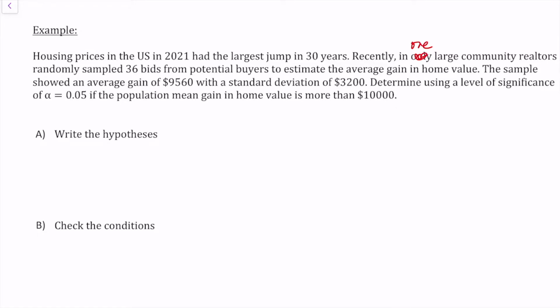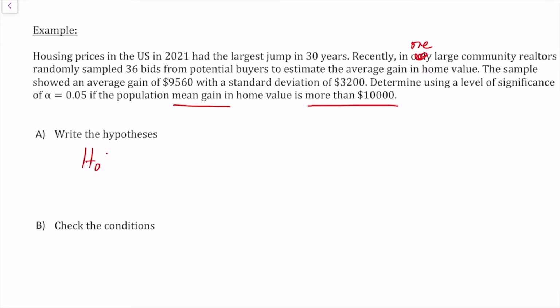The sample showed an average gain of $9,560 with a standard deviation of $3,200. Determine, using a level of significance of alpha 0.05, if the population mean gain in home value is more than $10,000. So the first step is to write our hypotheses. They want us to test if the mean gain in home value is more than $10,000.